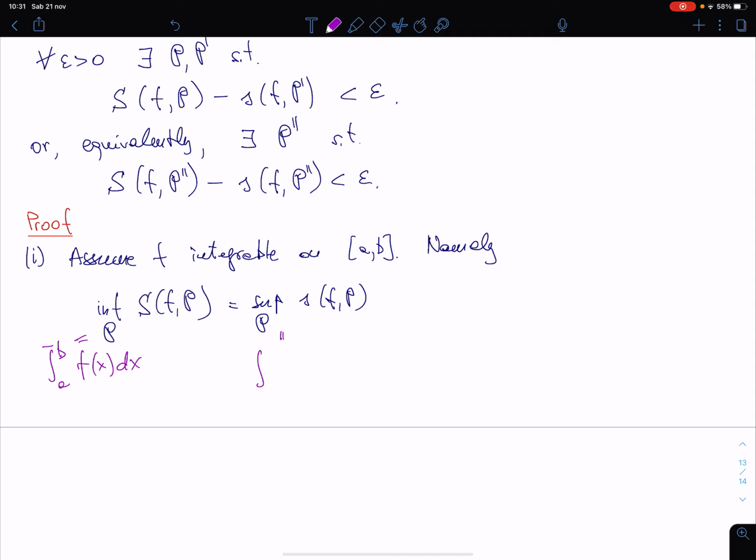So this is the lower integral, and by definition, when these two quantities are equal, this is the integral of f.